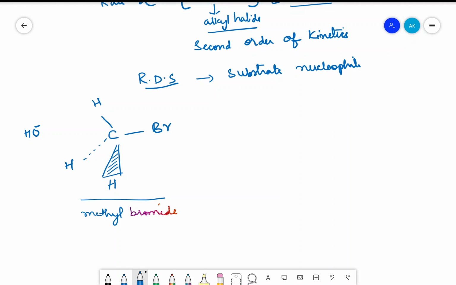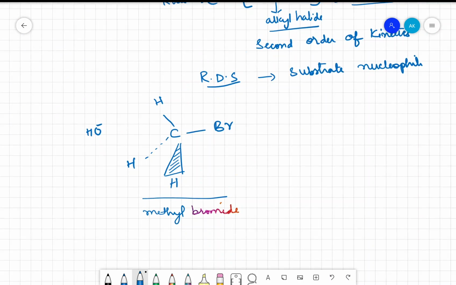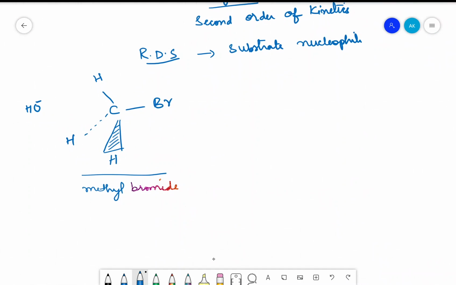The few things which you need to remember: the incoming nucleophile, which is OH minus, will attack your methyl bromide, that is your substrate, from the back side, because in the front side you have Br, and Br is also negatively charged or has a higher electronegativity value.